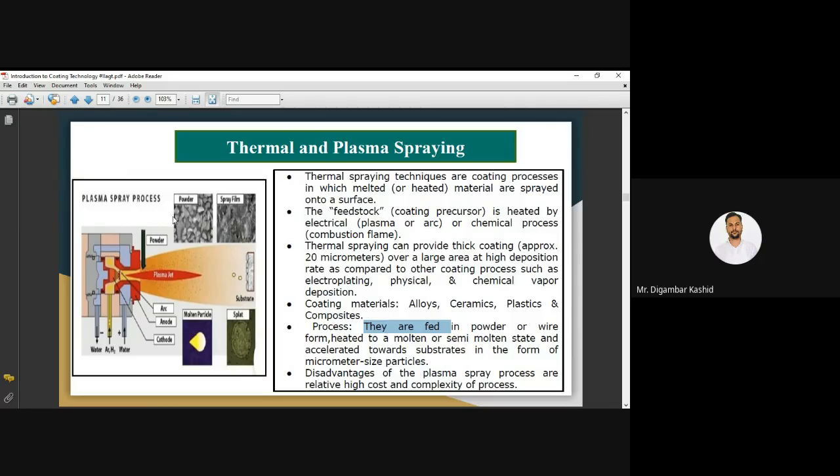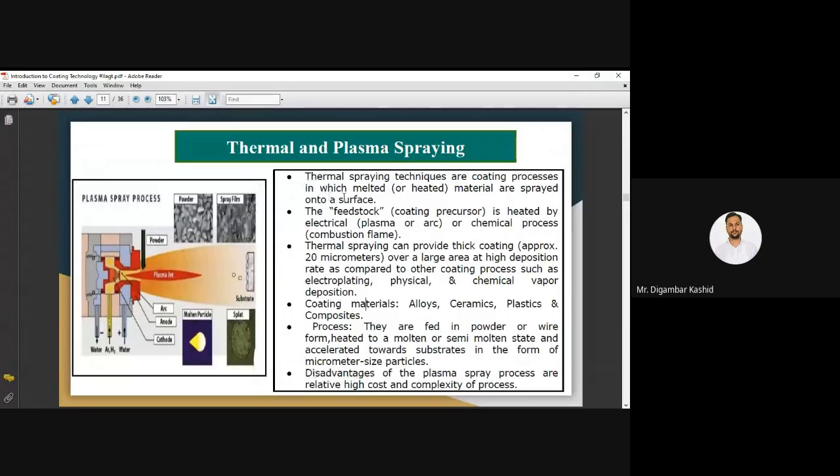First, take the powder of the coating material, or take the wire form, and then heat it with the help of electrical energy, in arc or plasma form. Depending on this, it is called thermal spray or plasma spray. Then you have to spray it on your surface. So this is just an introduction to plasma spray.